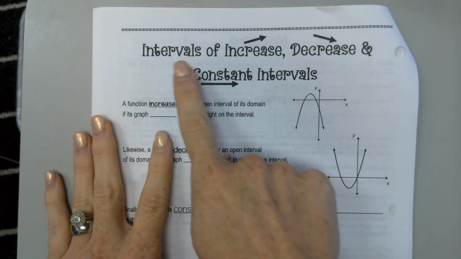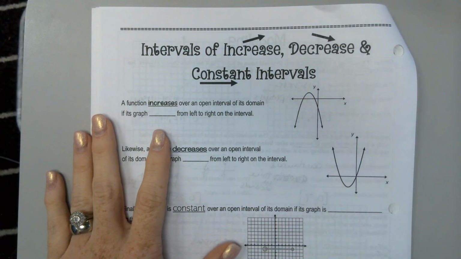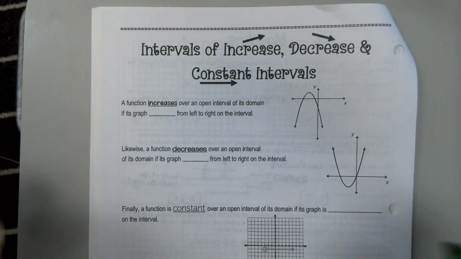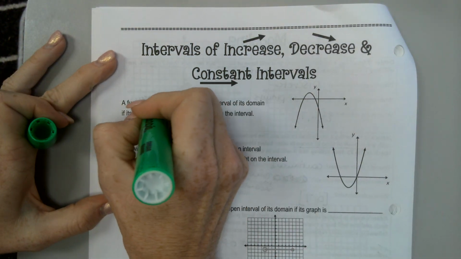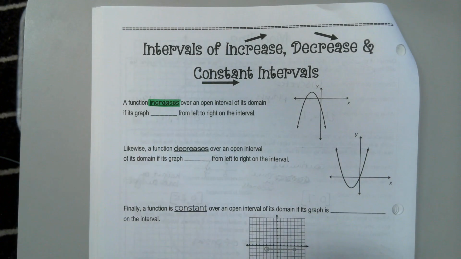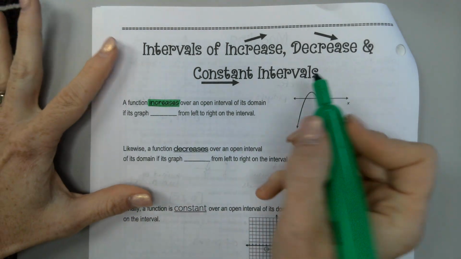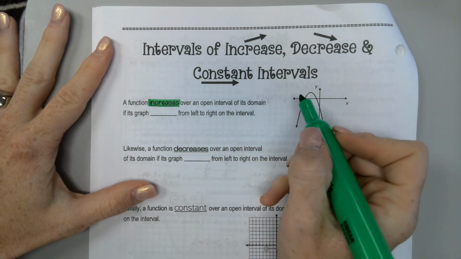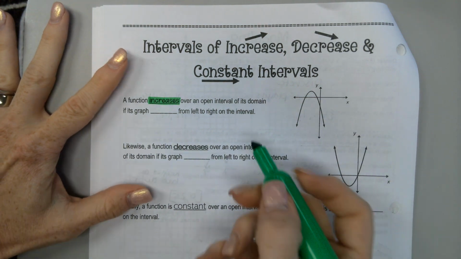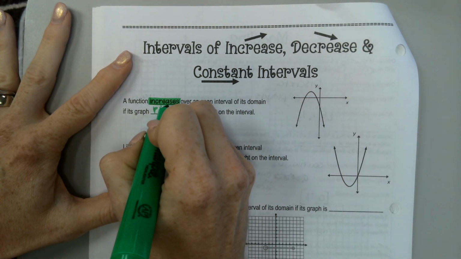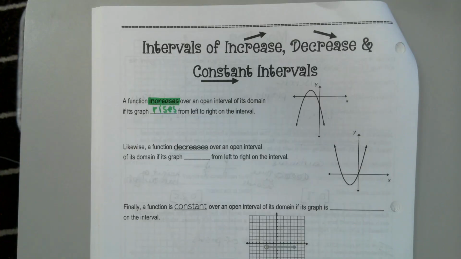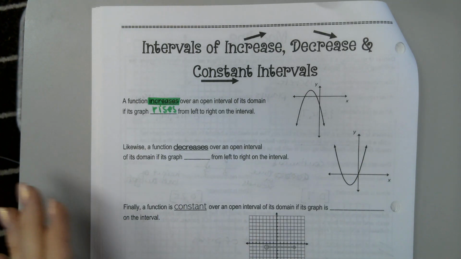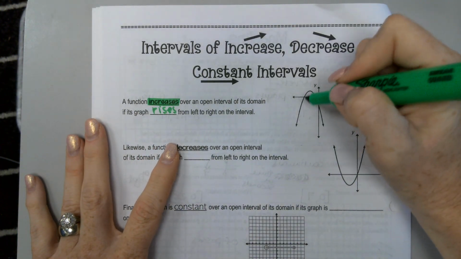Okay? So, intervals of increase. Increasing intervals. A function increases over an open interval of its domain, that just means from left to right, never ending, if the graph rises from left to right on the interval. So if I'm tracing a graph and that graph is going up from left to right, that is where my graph is increasing.